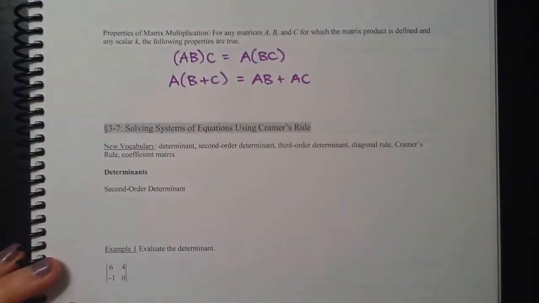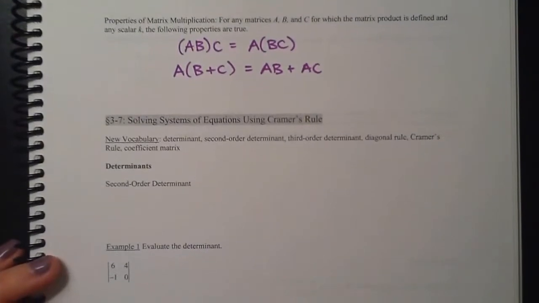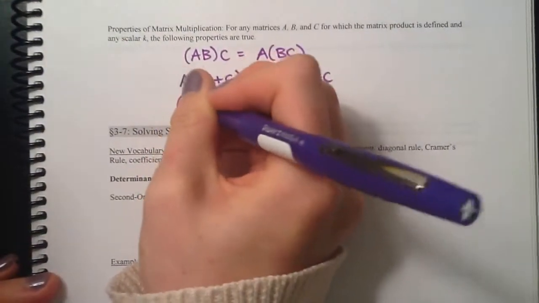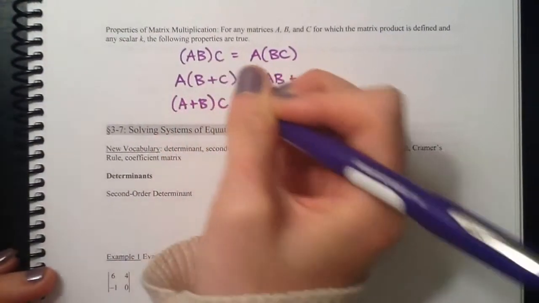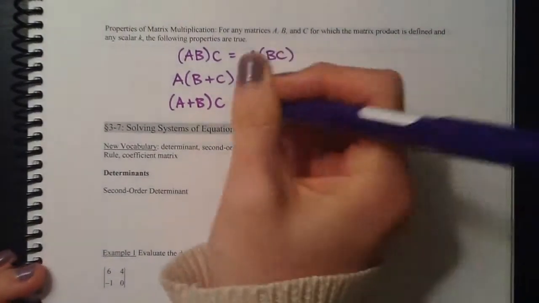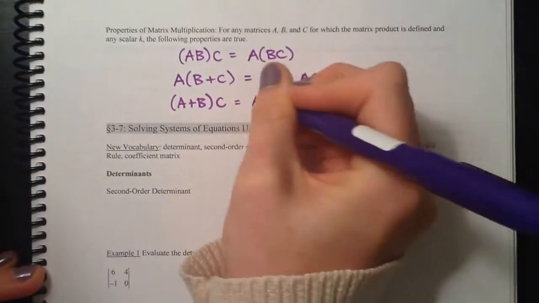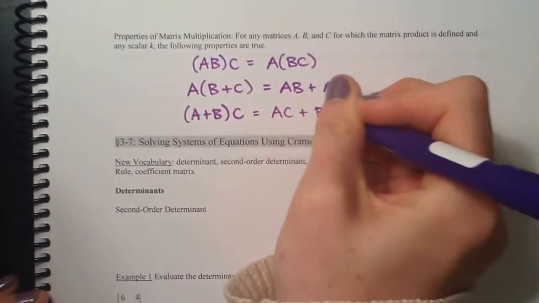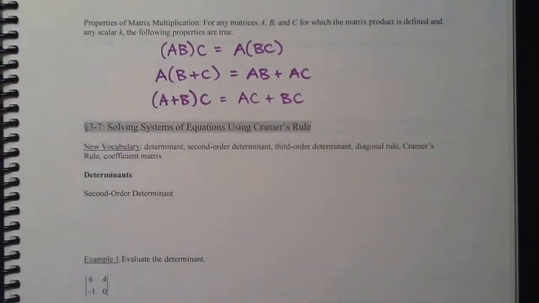And then we actually also have the right distributive property, which would look like this. Because remember, left and right multiplication are different since the commutative property doesn't hold. But right distribution holds just as much as left distribution. So we've got those three properties.